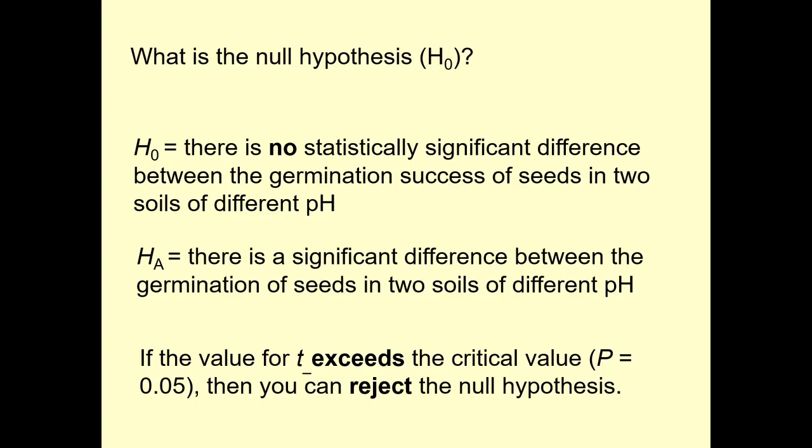So if the value of t exceeds the critical value, at a probability of 0.05, that means we are 95% confident that this is correct. So p is equal to 0.05.